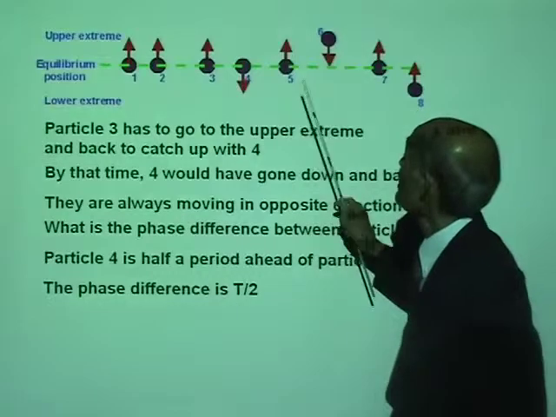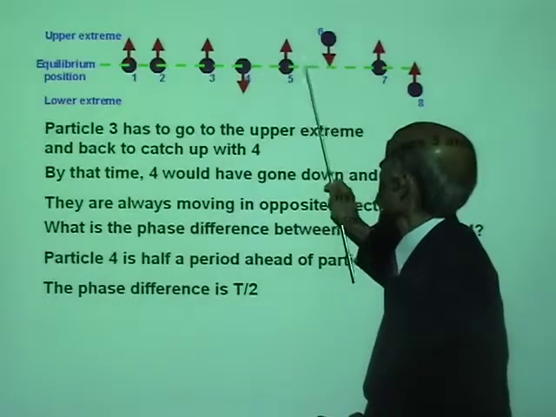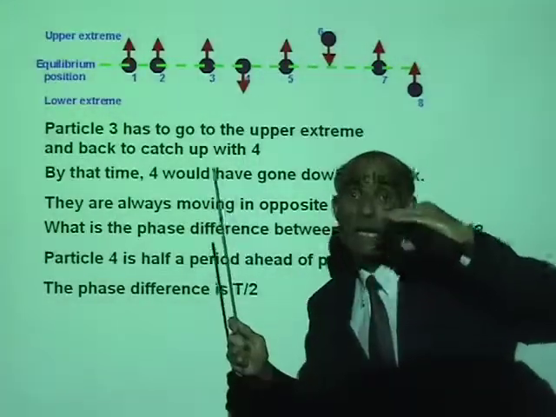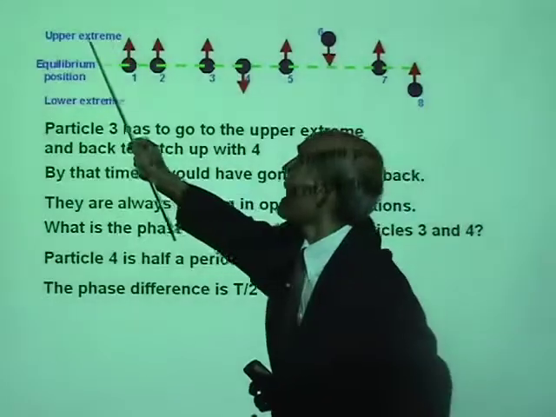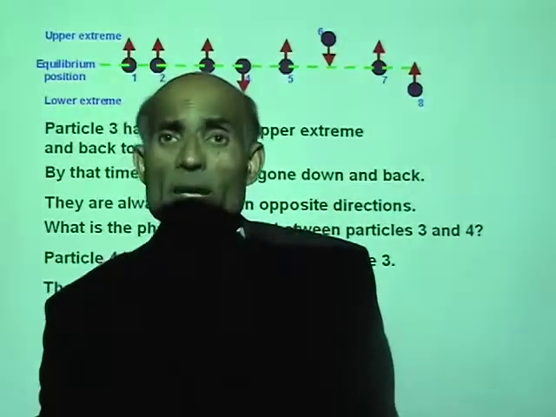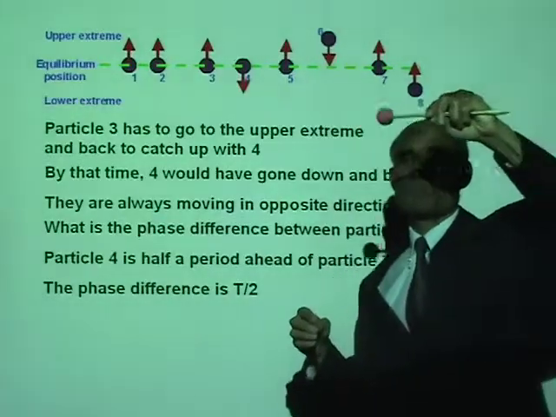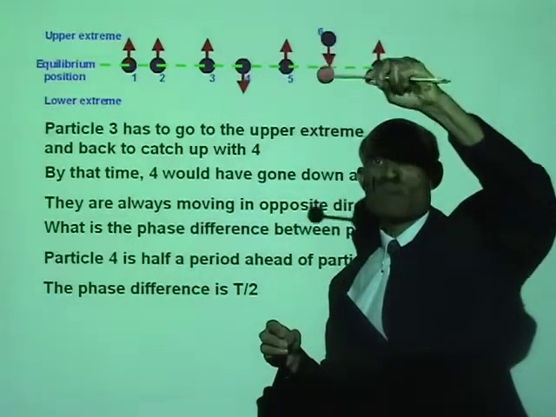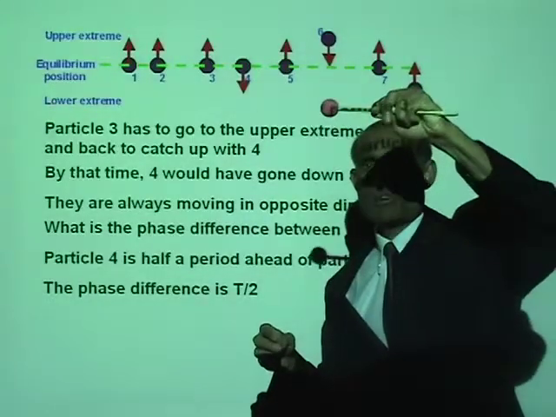Okay, in that case, can you look at particle 5 and particle 6? Tell me, what is the phase difference there? Particle 5 is beginning. Particle 6 has gone all the way to the upper extreme. Now, you must understand, if this is the normal position, you go to the upper extreme, back to the normal, go to the lower extreme, back to the normal.